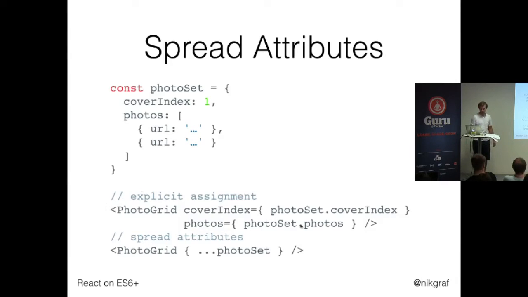So in this case, if we're in a photo page component, and we want to pass down the photo set from the photo page to the photo grid, we just use the curly braces with three dots and pass in the photo set, and this will do exactly the same as we see here. And yeah, that helps to pass down things.